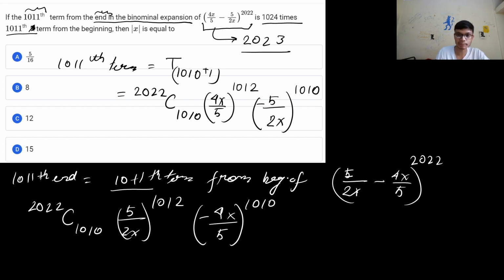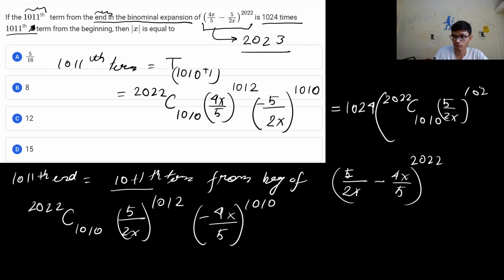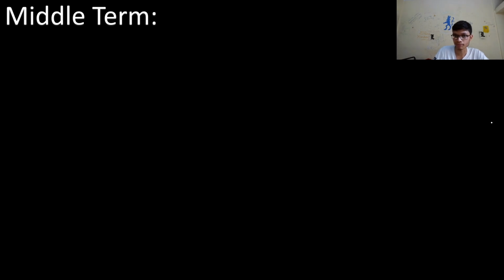And what was said in the question, that this term is equal to 1024 times of this particular relation, that is 2022 C 1010 (5 by 2x) whole to the power 1012 into (minus 5 by 4x) whole to the power 1010.